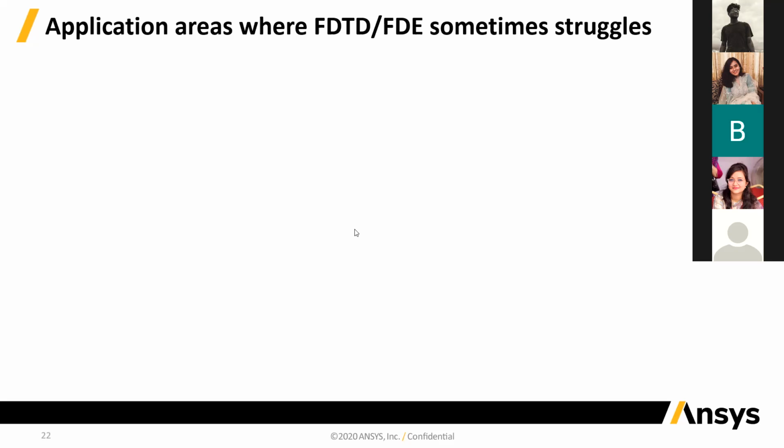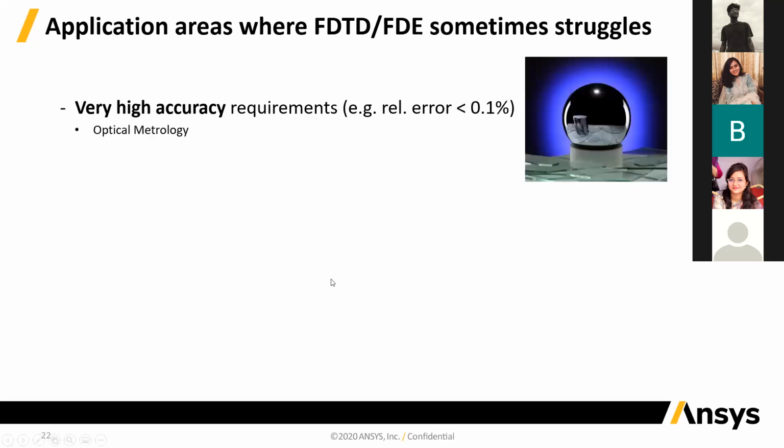Okay, so moving forward. I think we're leading up to the other optical solvers that we have in our tools. This is talking about some cases where FDTD or FDE, by which we mean tools that use a finite difference mesh, can have some struggles.